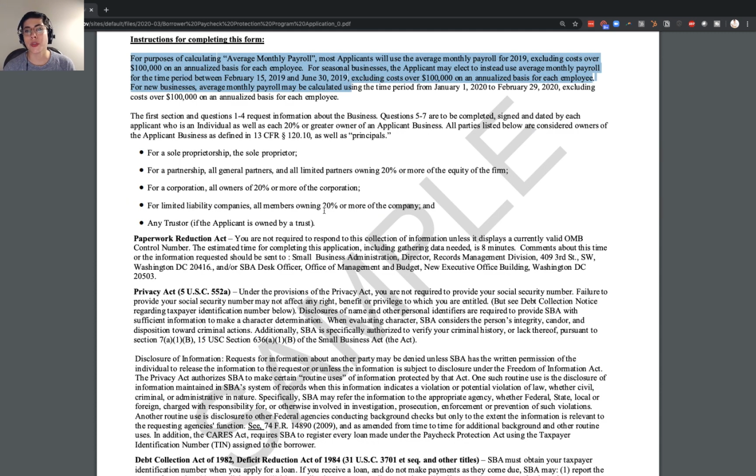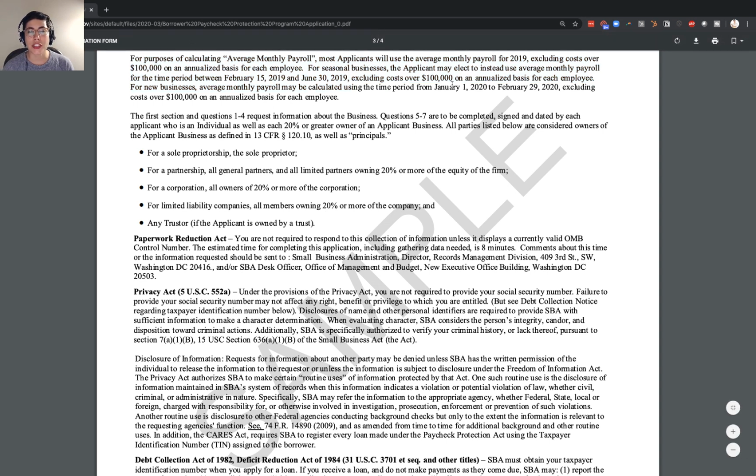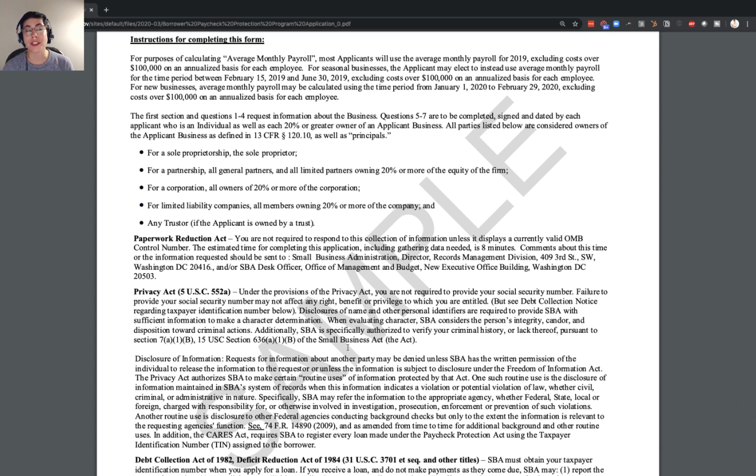And again, if you are a brand new business starting in 2020, they have specified that you'll be using January 1st, 2020 to February 29th, 2020 numbers. So this is written out here, and this is a sample. This is not final. You are not applying with the SBA. You're applying with a bank that is approved to provide these funds.